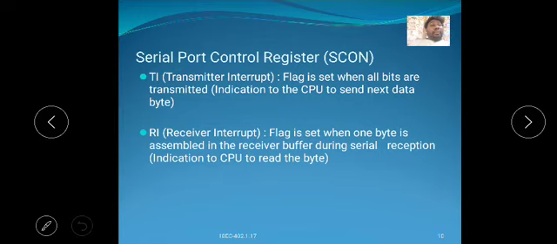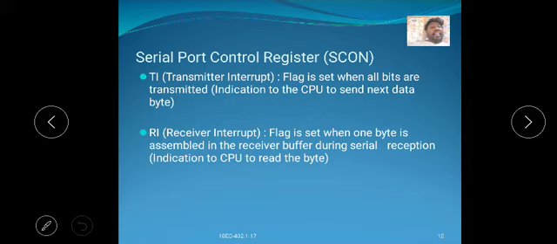RI is the receiver interrupt. The flag is set when one byte is assembled in the receiver buffer during the serial reception. It is an indication to the CPU to read the byte.